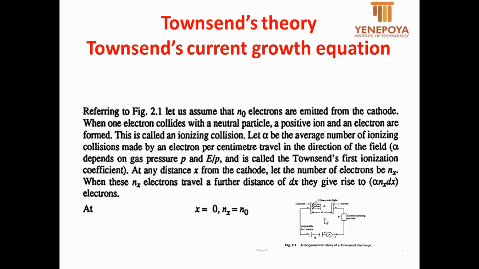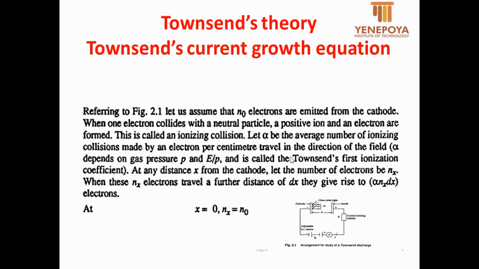This is called an ionizing collision. Let alpha be the average number of ionizing collisions made by an electron per centimeter of travel in the direction of the field. It depends upon the gas pressure and E by P. That is called Townsend's first ionizing coefficient.